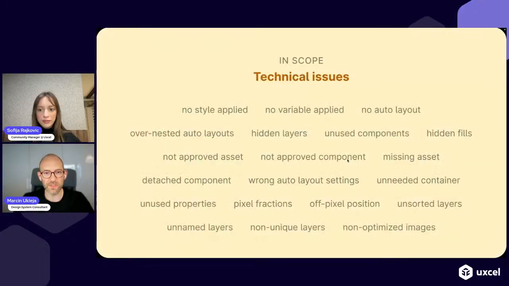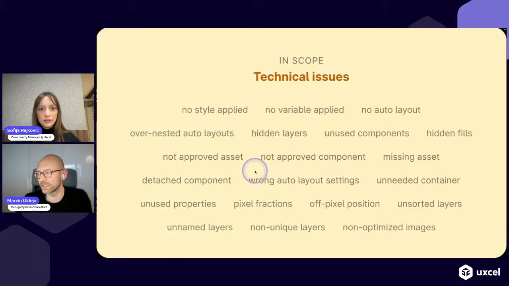We will be focusing on technical issues, and I believe you experienced a lot of issues like this. Like there was no style applied to the text, or there was a missing variable for padding, or something like this. Missing auto layouts. Of course, there are unnamed layers as well, which is also very confusing for many of us.